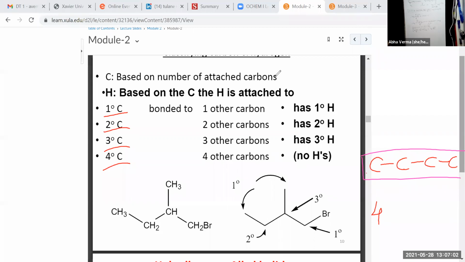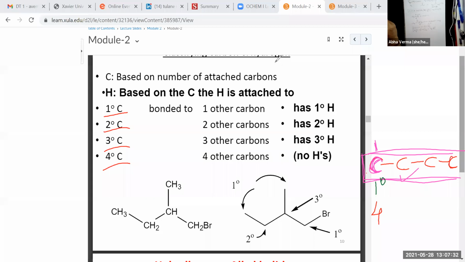So when you say primary, secondary, and tertiary or quaternary, let's look at this particular example right here. This carbon, which I'm going to label as 1, is attached to how many carbons? This carbon is attached to only 1 other carbon. And hence, I will label it as a primary carbon.